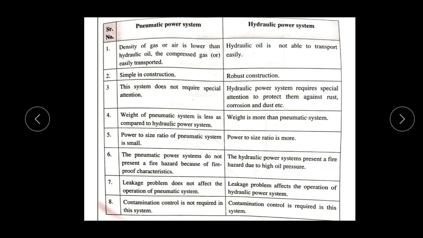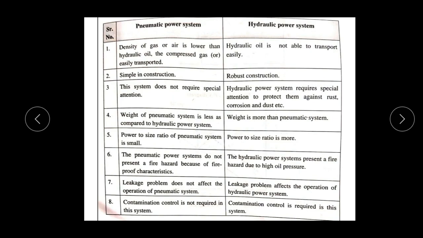In pneumatic systems, the weight is less as compared to hydraulic power systems. The weight is more in the case of hydraulic systems. The power to size ratio of the pneumatic system is small, whereas the power to size ratio is more in the hydraulic system. Pneumatic power systems do not present a fire hazard because of fire proof characteristics.